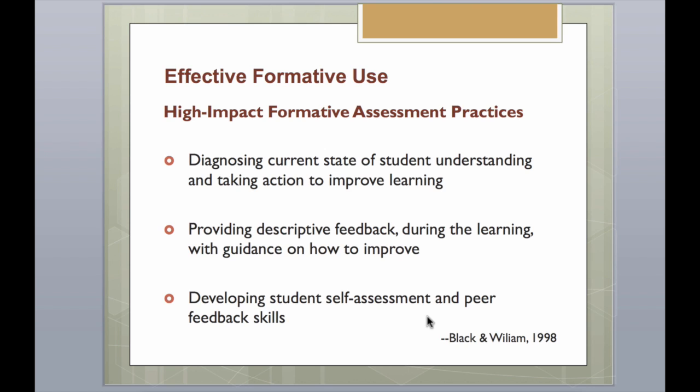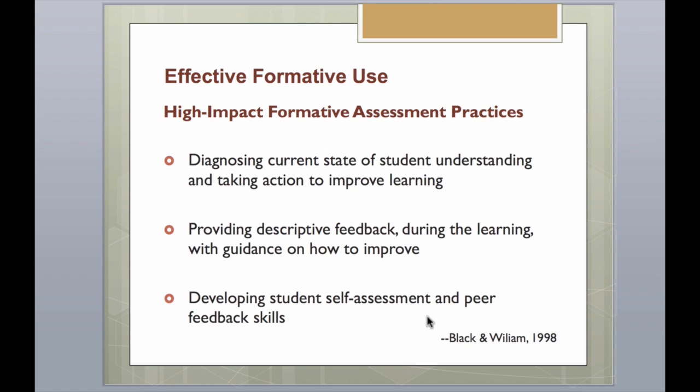Basically, when we are assessing for formative purposes, we have one of three possible uses of that information. And the first one is to figure out where students are in their learning in order to know what we're going to do next to increase that learning. Where are their strengths, where are their problems, and what are we going to do about it?